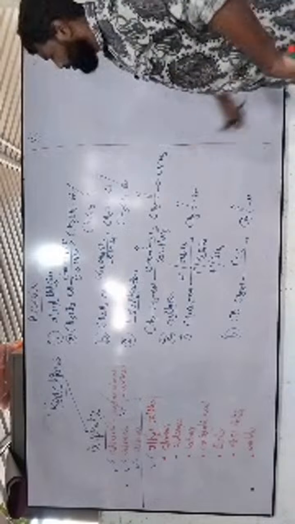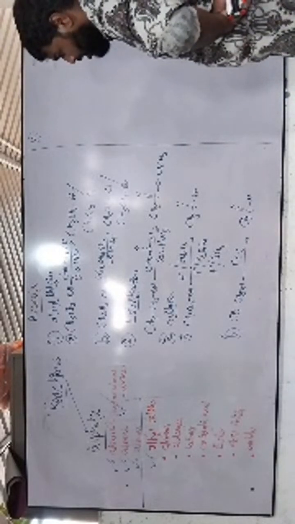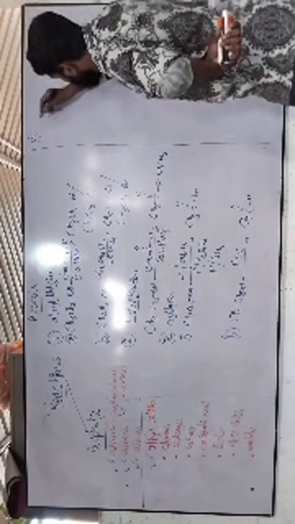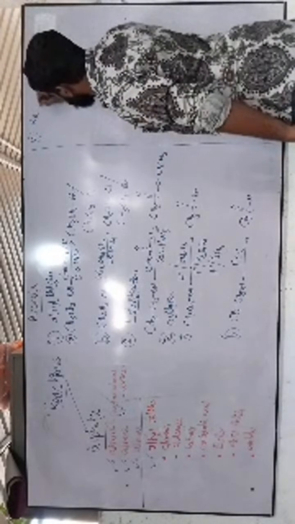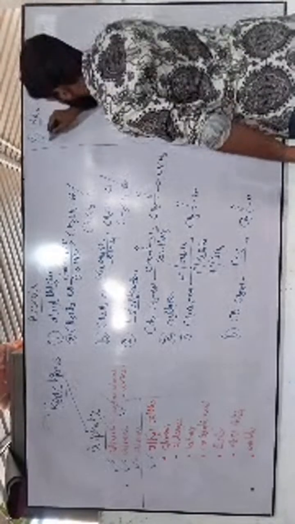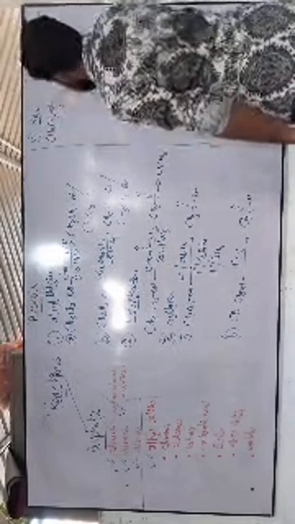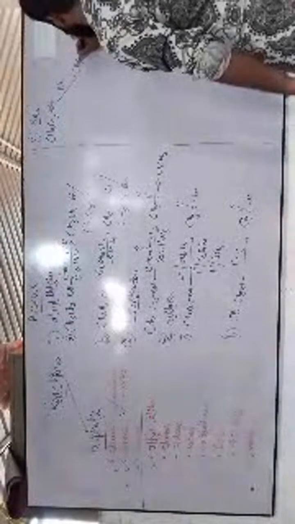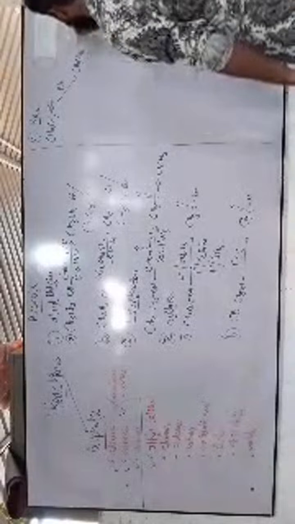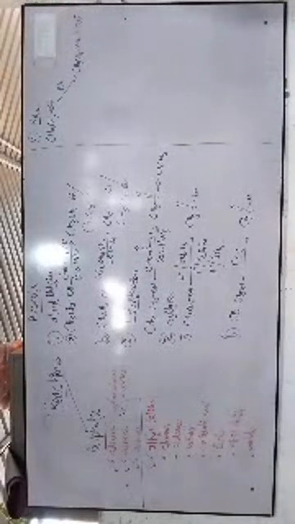Now for the fourth one, you can react this with sodium. If you react CH3CH2OH with sodium, you're going to get CH3CH2ONa plus H2 gas. An evolution of gas will be taking place.